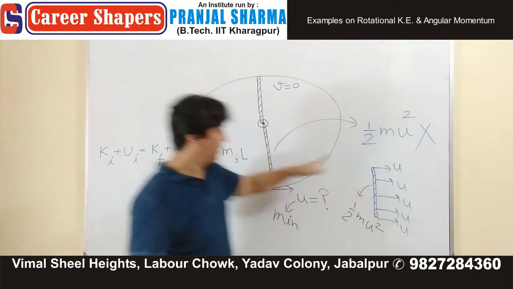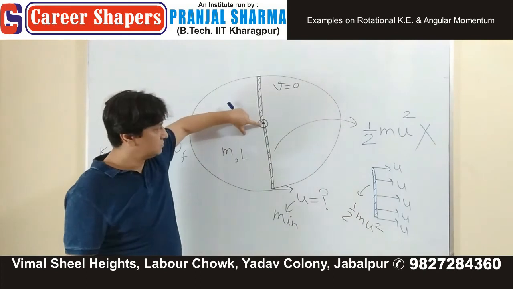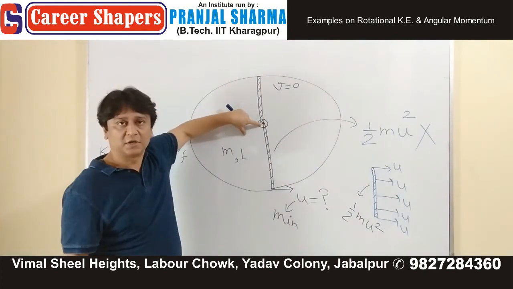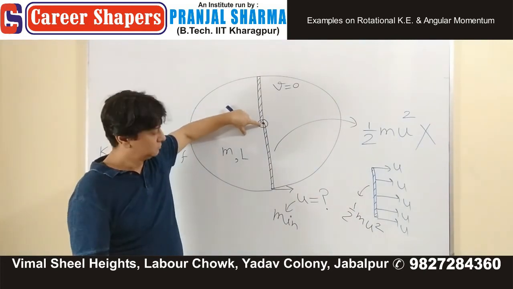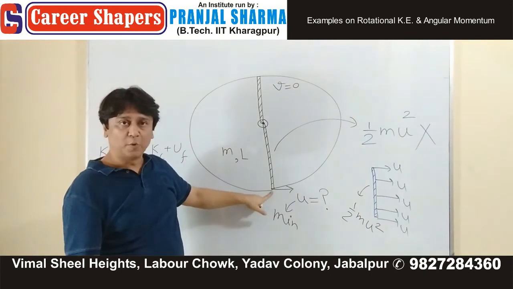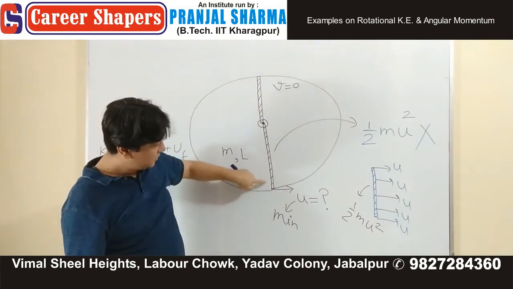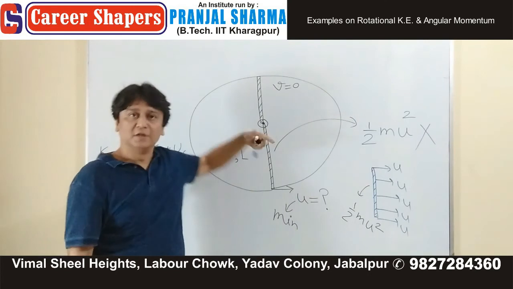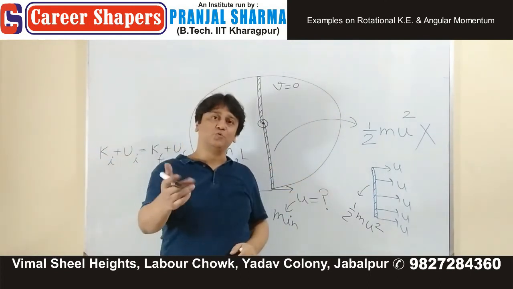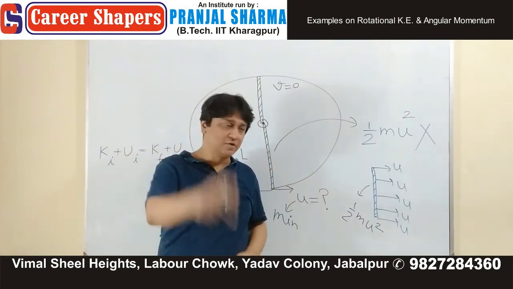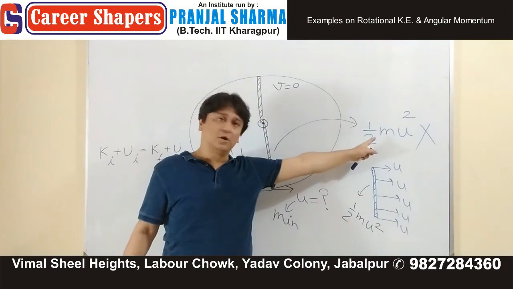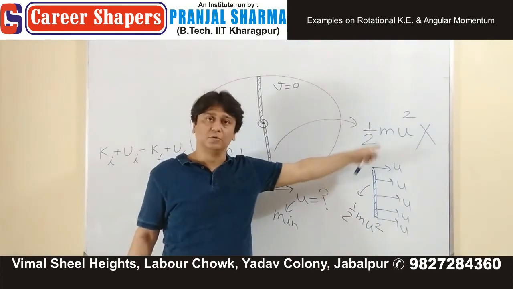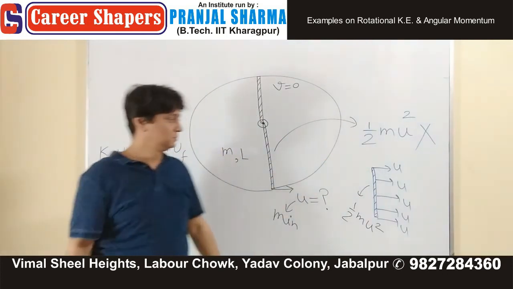Why? Look here, this point. This is the axis, it's not moving at all. This point is moving with the u. Different points in circular motion move with different speeds, and therefore I cannot use half mu square.